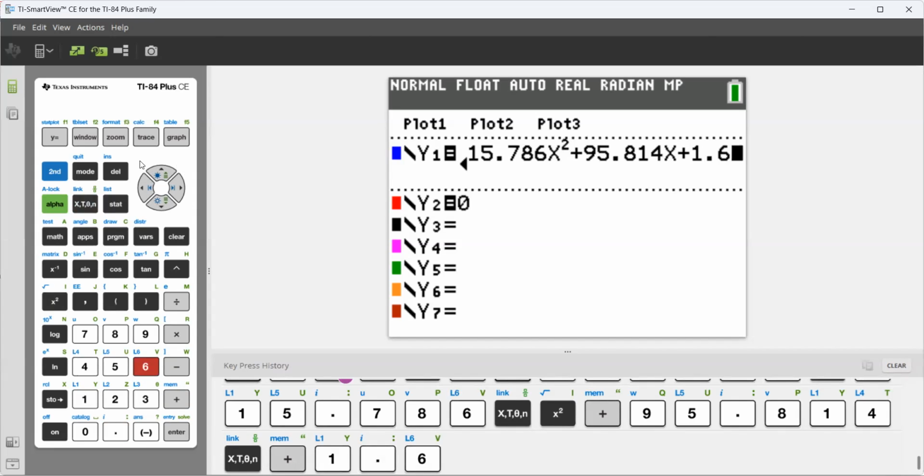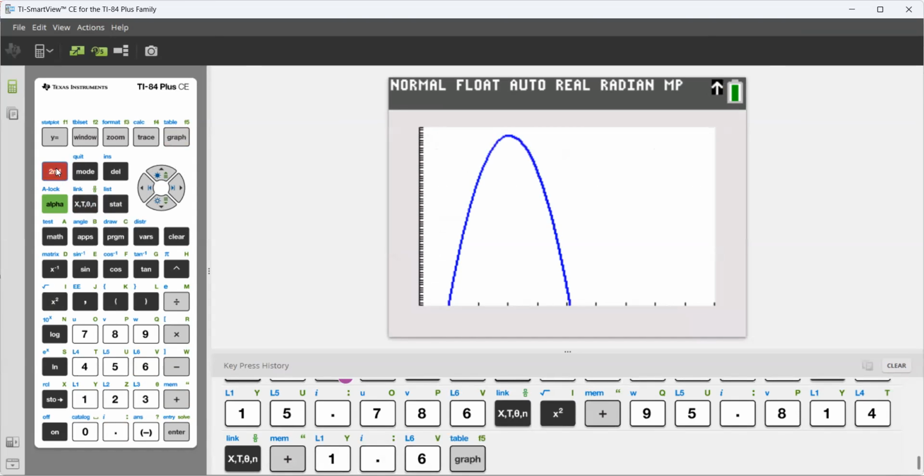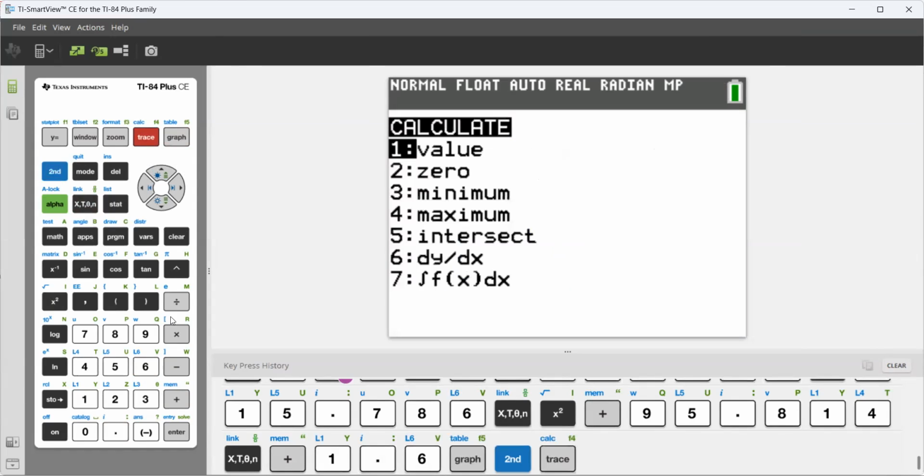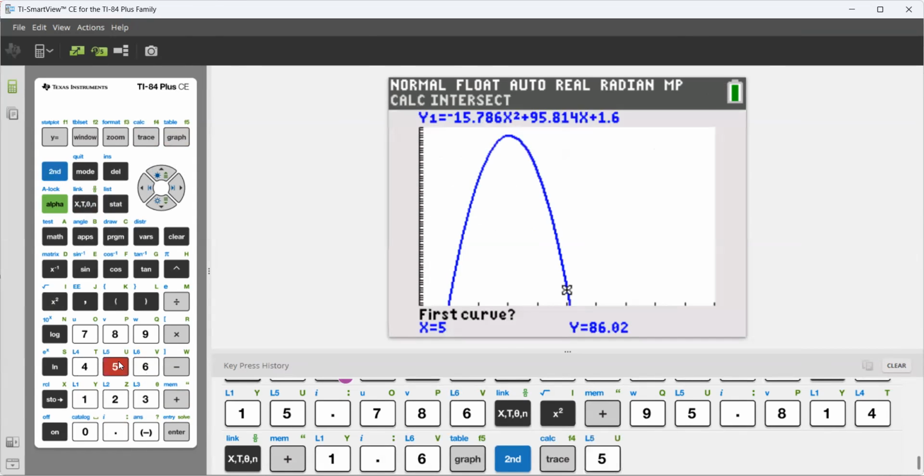So now we're trying to get our x-intercept. So let's see what we have here. Second, calc, 5, enter. So it gives us what we want, 6.09, we should say, right? 6.09.